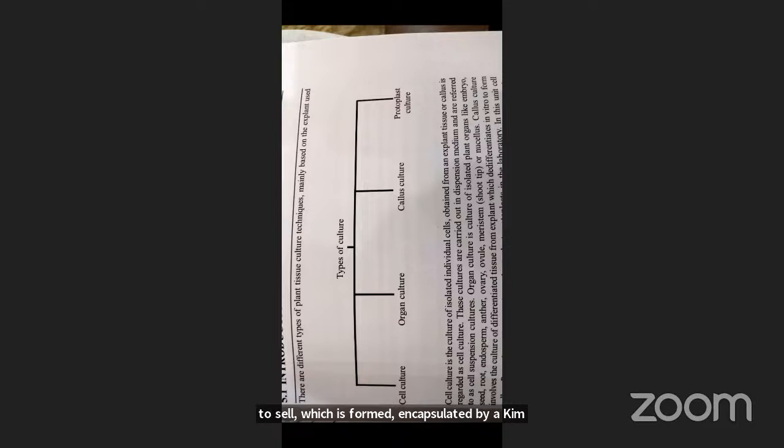Now the next one, androgenesis and gynogenesis. Andros means male, gynous means female. In androgenesis, the formation of microspores from plantlets or callus by the process of pollen culture is called androgenesis.